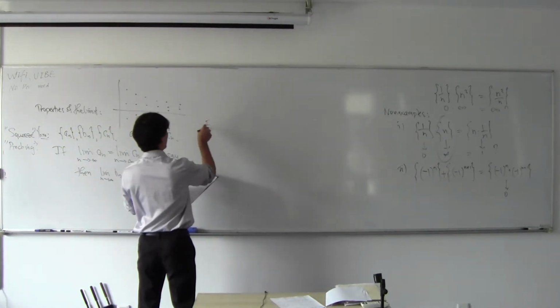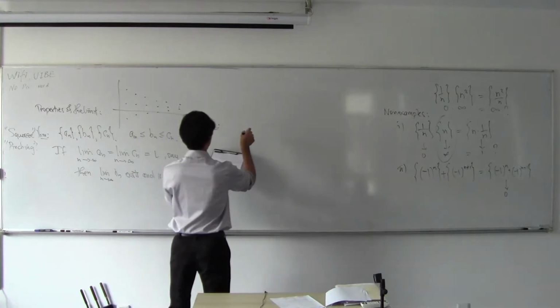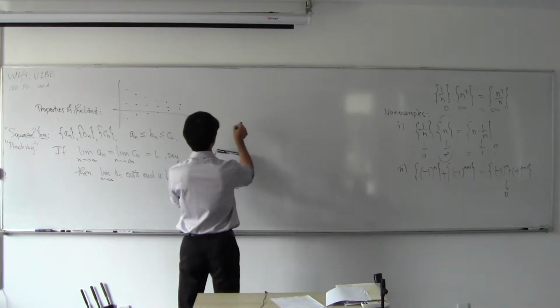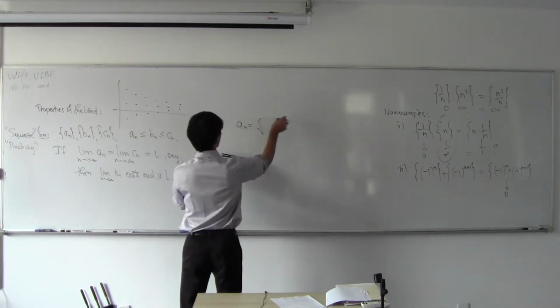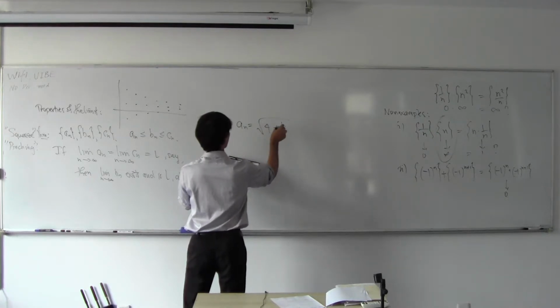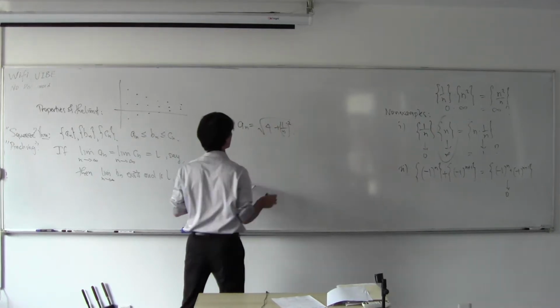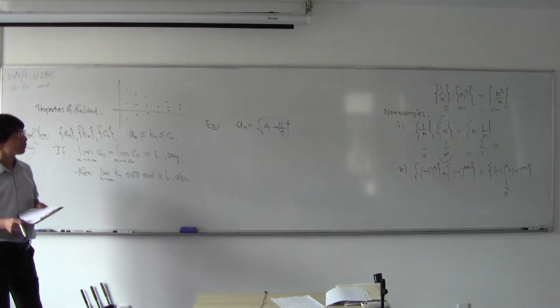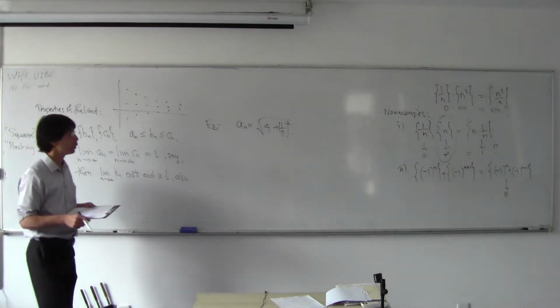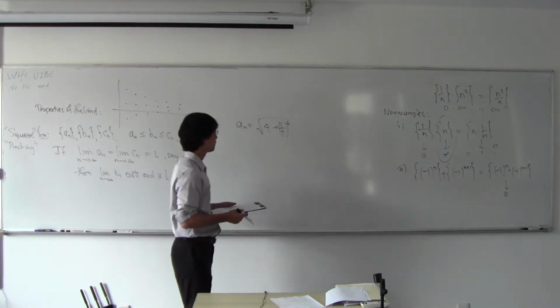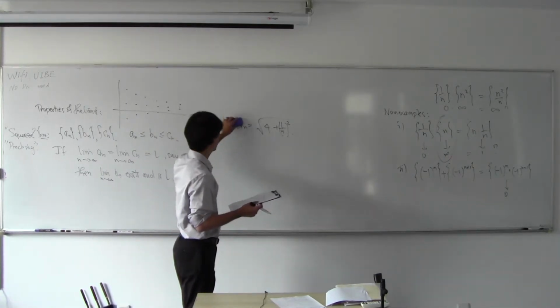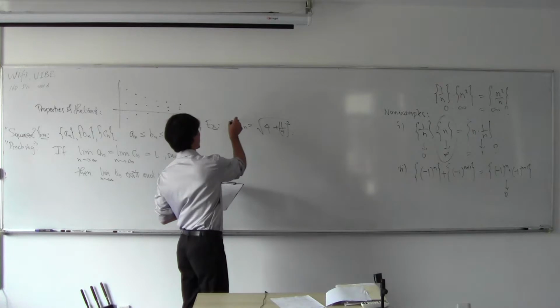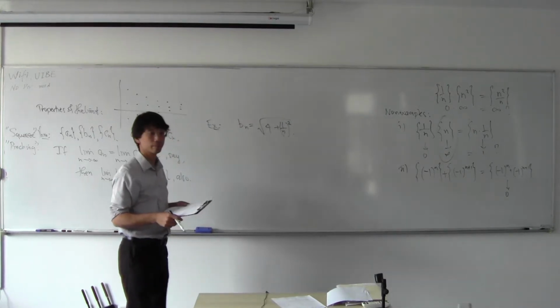So here's an example. a_n is the square root of (4 + 1/n)^2. Or maybe I should call it b_n.